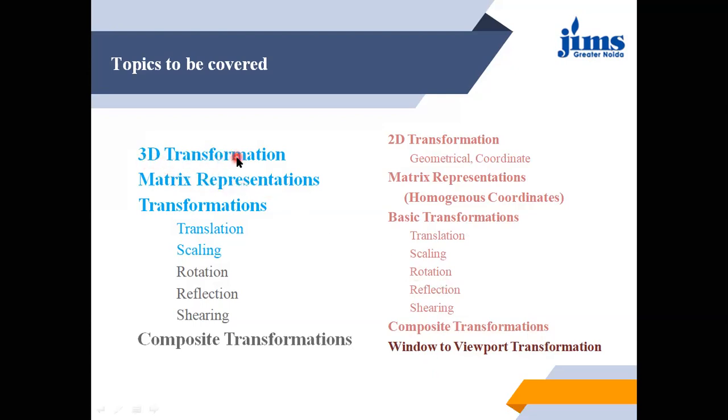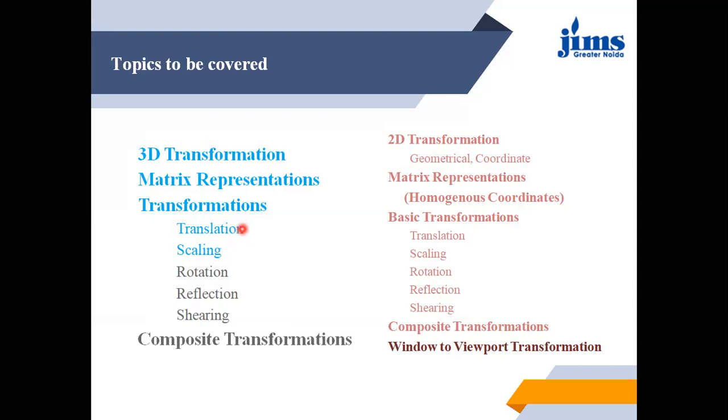three-dimensional transformation. In this, we discussed how we can represent a 3D object in the coordinate system using matrix form. And from the transformation properties, we discussed two properties. First one is translation, second is scaling.